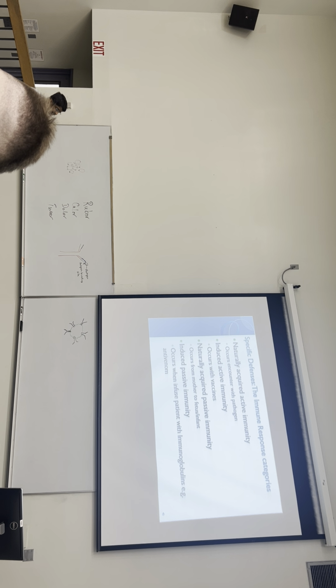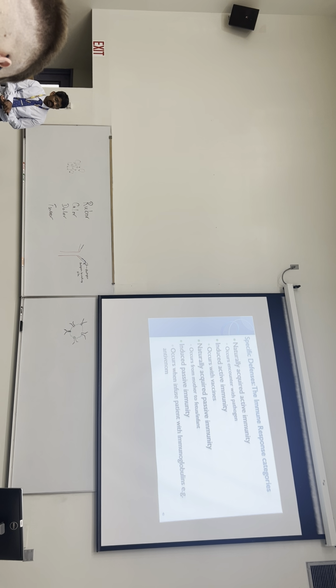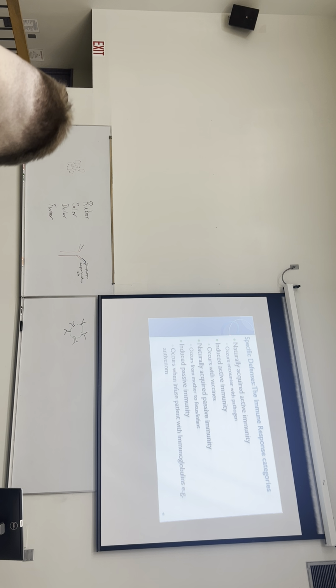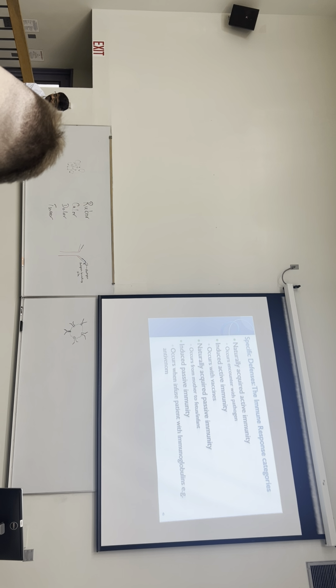So let's talk about immune responses. We have what's called naturally acquired active, induced active, then naturally acquired passive, and then induced passive. 2 of these have memory, the other 2 do not.